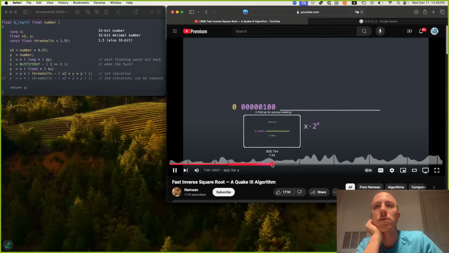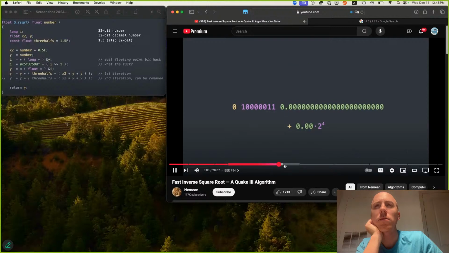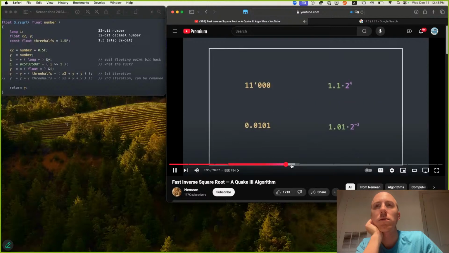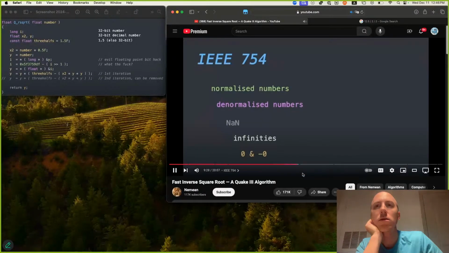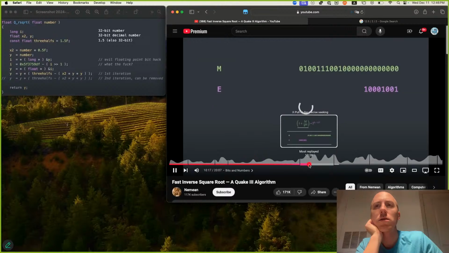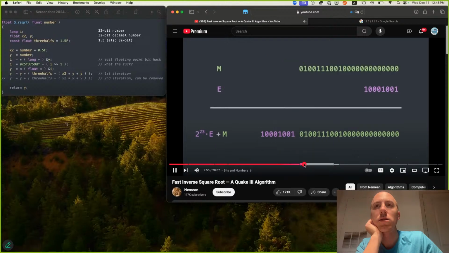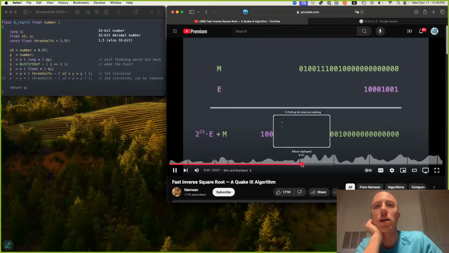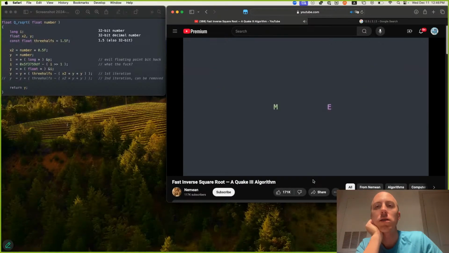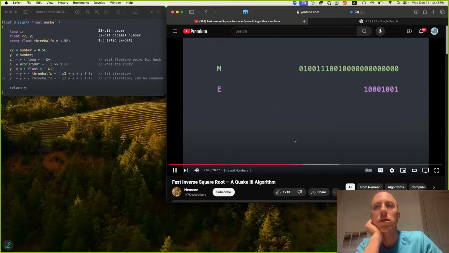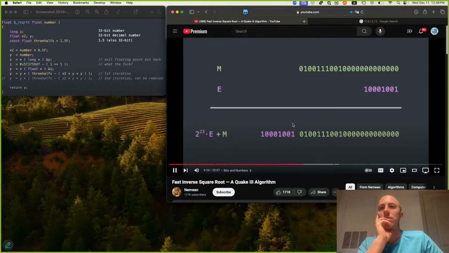With 8 bits we can represent scientific notation, and here we have the mantissa with the extra 1 in front. If we are given two numbers, one being the mantissa and one being the exponent, 23 bits and 8 bits respectively, we can get a bit representation with 2 to the 23 times e plus m.